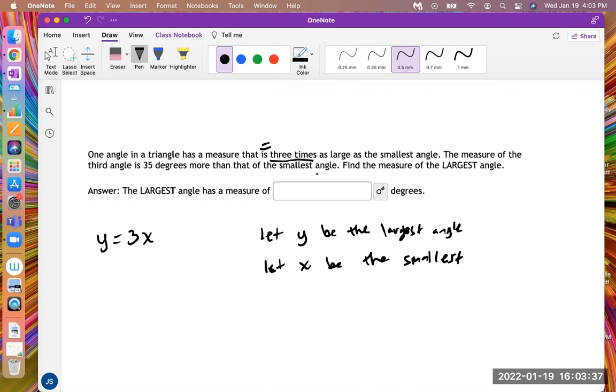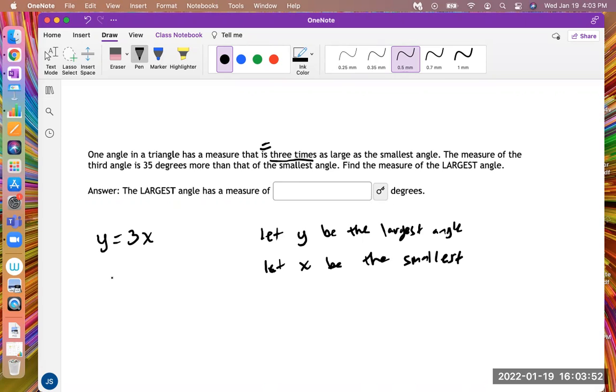Next, the measure of the third angle is 35 degrees more than that of the smallest angle. So there's a third angle, and it's 35 more than the smallest angle. The smallest angle was x.